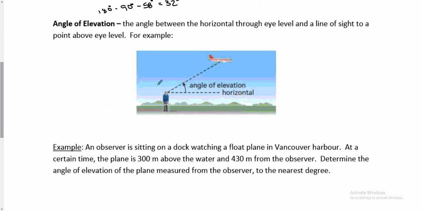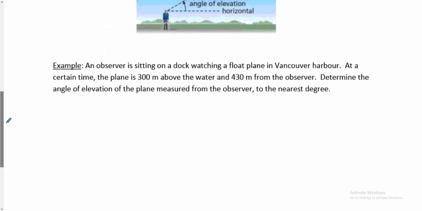Our angle of elevation is the angle between the horizontal through eye level and a line of sight to the point above eye level. We're going to use this in a lab, so it's good to know. An observer is sitting on a dock watching a float plane in Vancouver Harbor. At a certain time, the plane is 300 meters above the water and 430 meters from the observer.